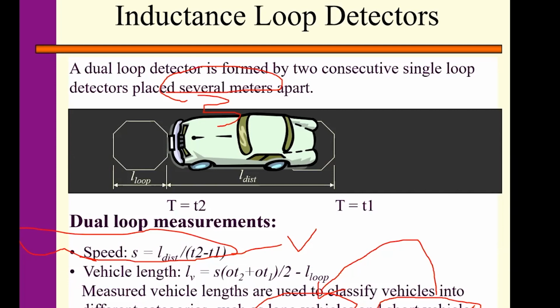But that gives you an idea why we want to know the difference between long vehicles and short vehicles. We can collect fees more reasonably if we have accurate data about those two types of vehicles.